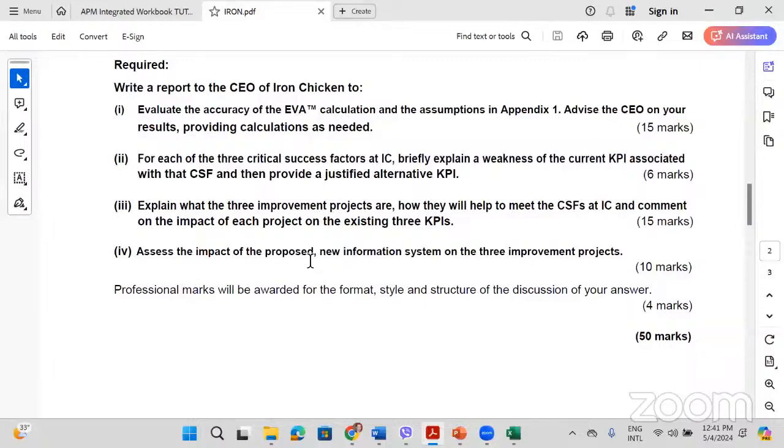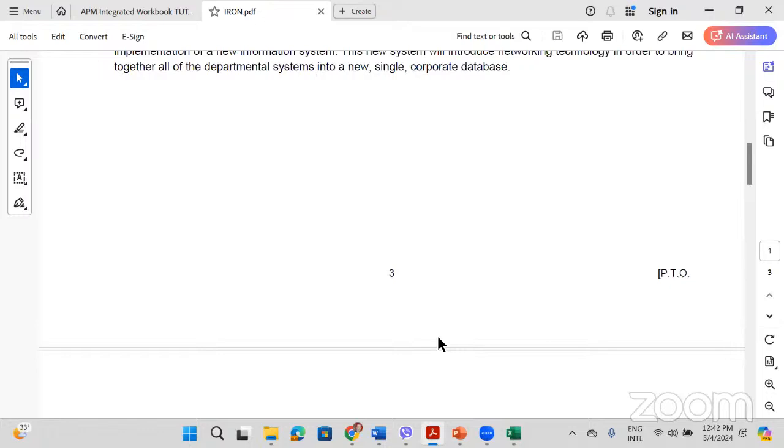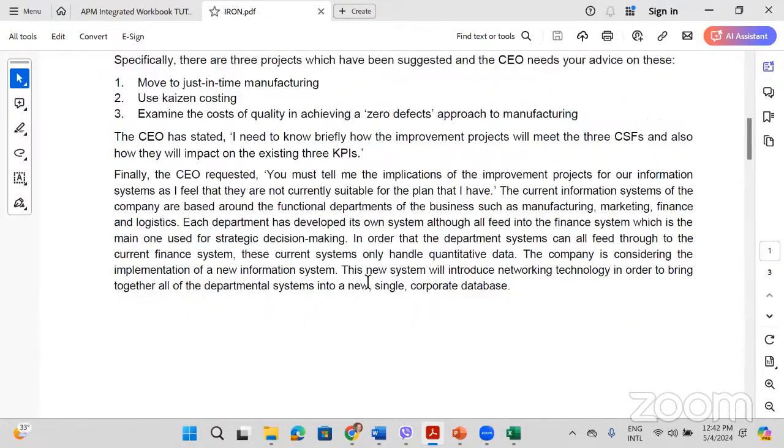Now, if you mention that, you will get 1 mark. New system, no. We have to say the new system that the CEO is talking about is an ERP. Write down first that.